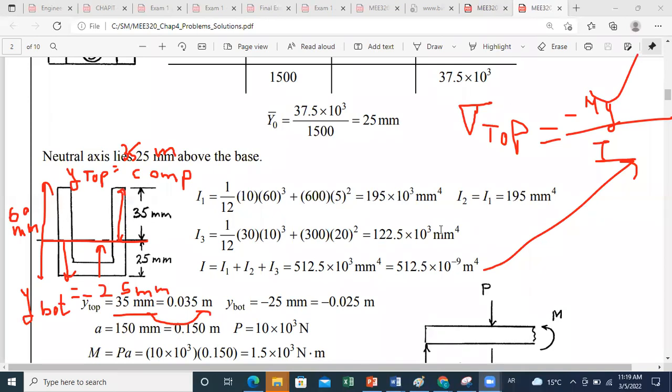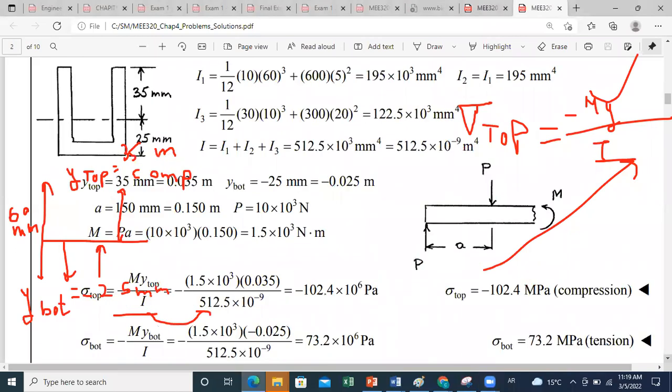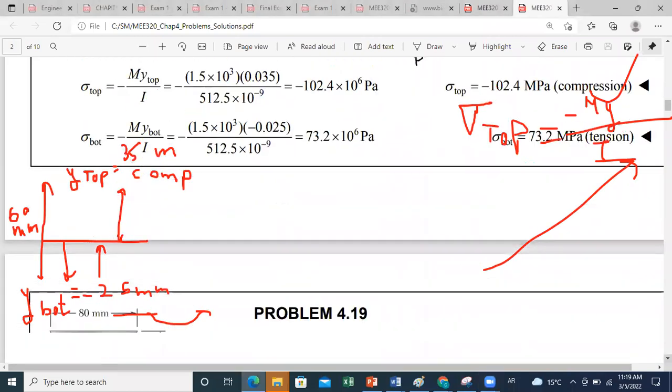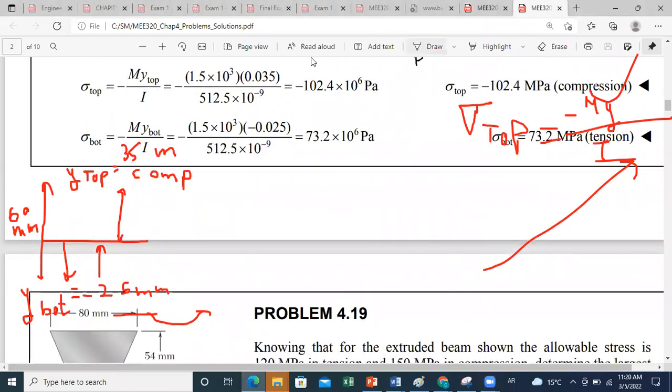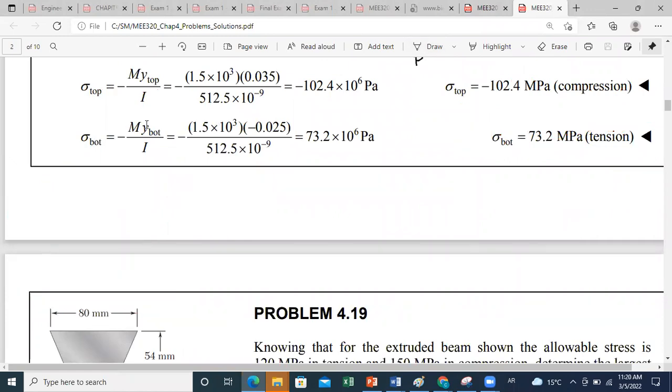And the maximum tension is found by doing the calculation at the bottom. So minus M y bottom over I. You have y bottom negative, so minus minus will give you plus, and this is the maximum tension, and this is the maximum compression. Now, sometimes if you put sigma compression, you don't need to put the negative sign.